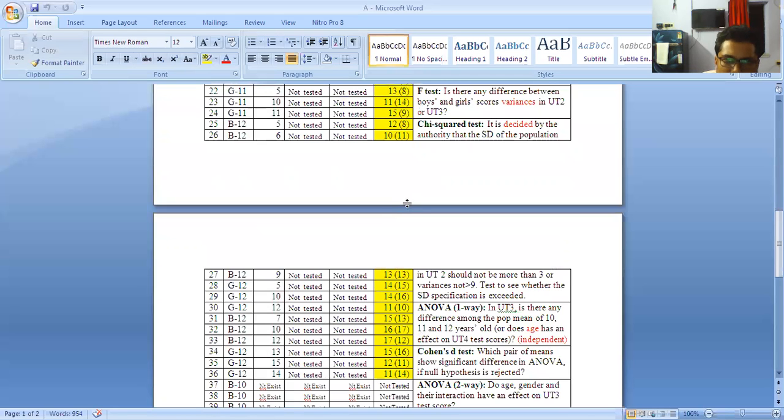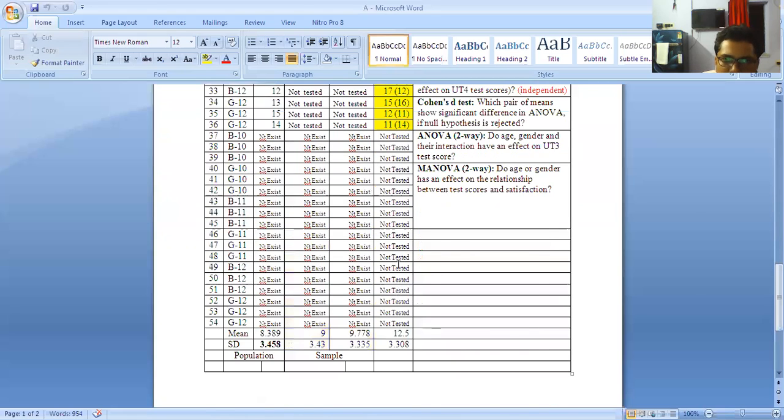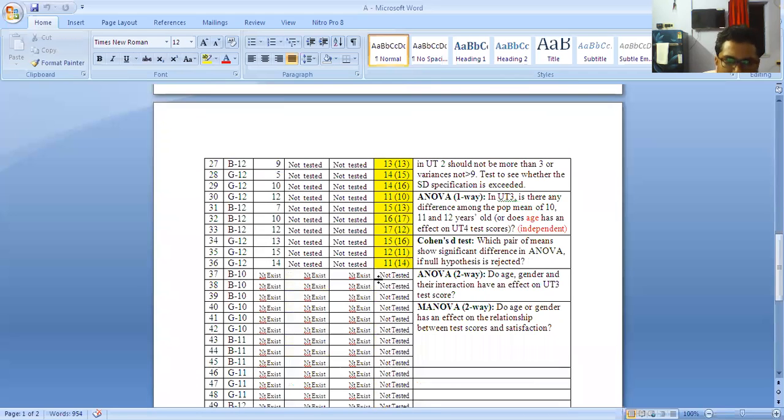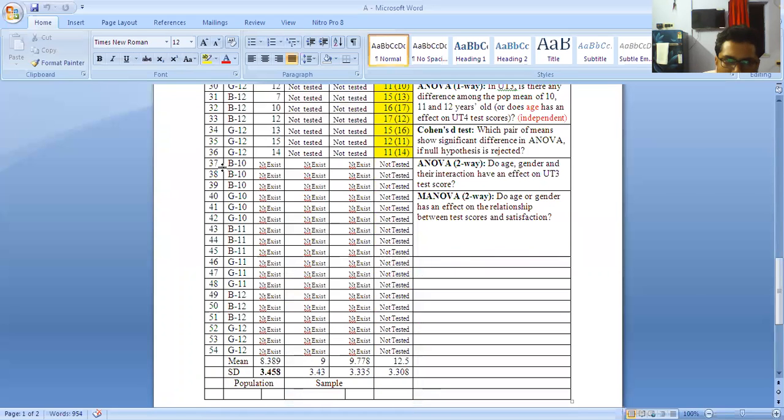In unit test 4, 54 students have registered, and you have got a sample of 36 students. The rest of the students are not tested. In unit test 1 and unit test 2, the other entries are non-existing, because only 36 students have registered for the course.